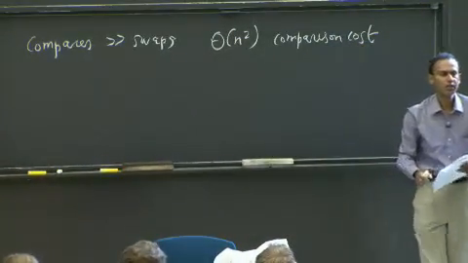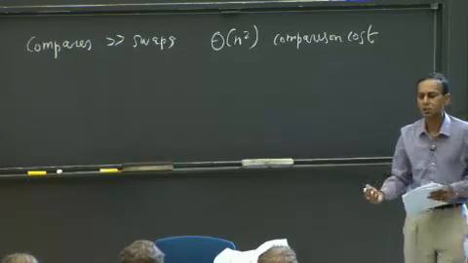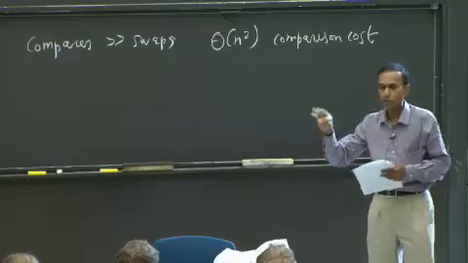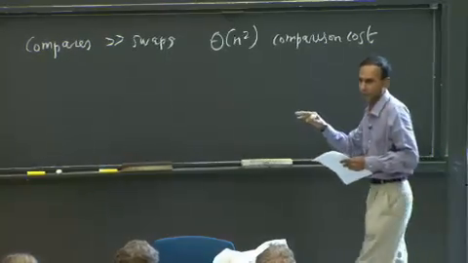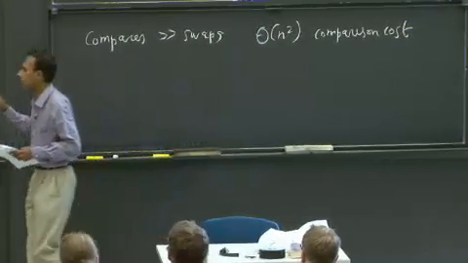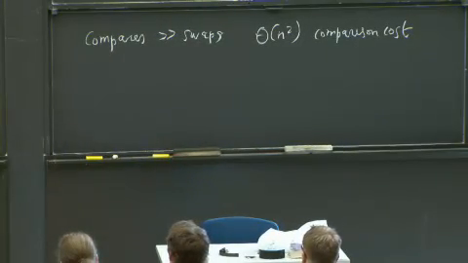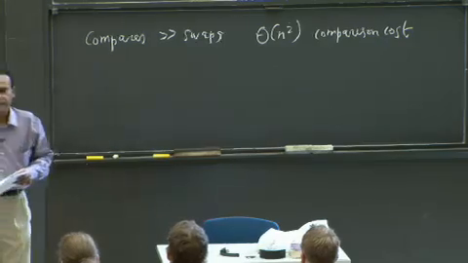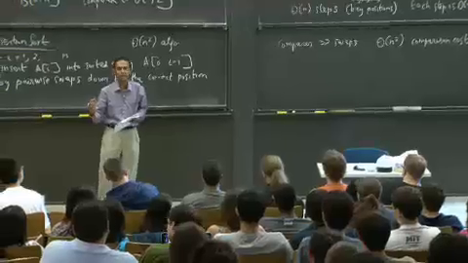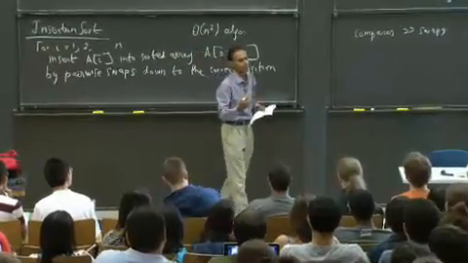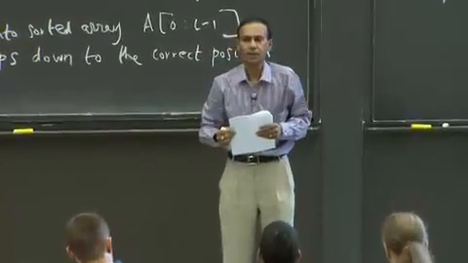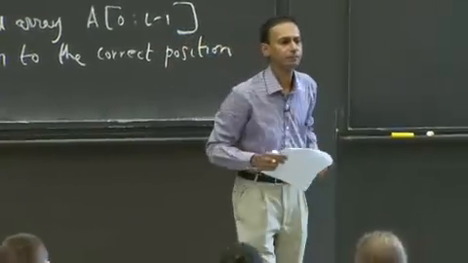I'm not as concerned, because of the constant factors involved, with the theta n square swap cost. All right? This is a cushion question. What's a simple change to this algorithm that would give me a better complexity in the case where compares are more expensive, or I'm only looking at the complexity of compares, so the theta whatever of compares, right? Anyone? Yeah, back there.